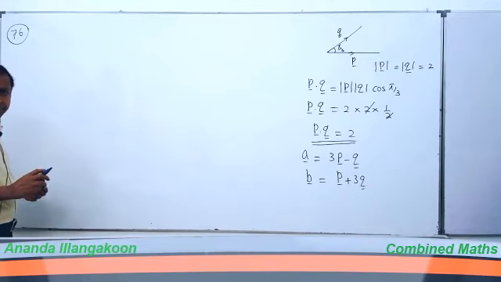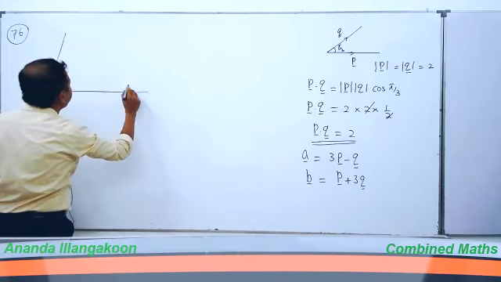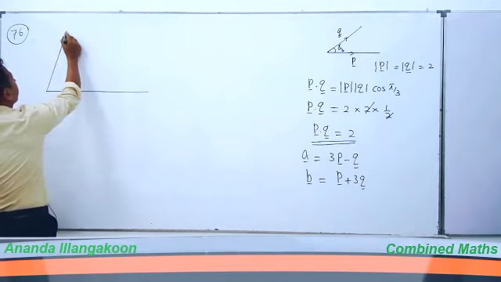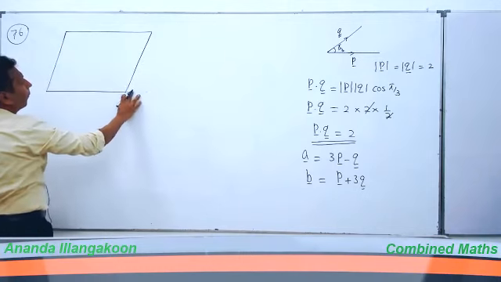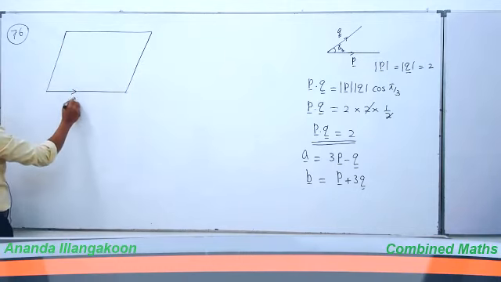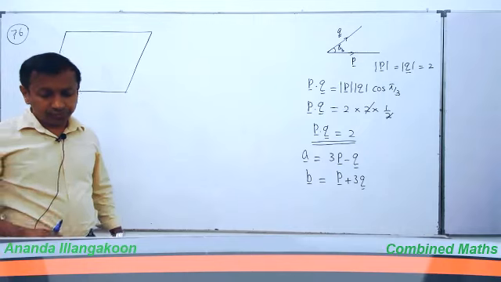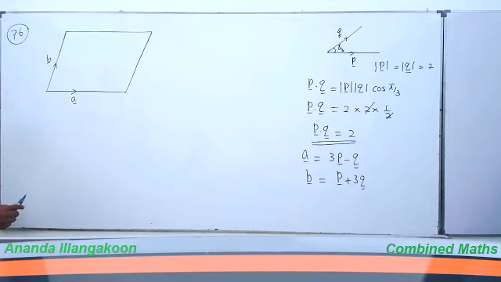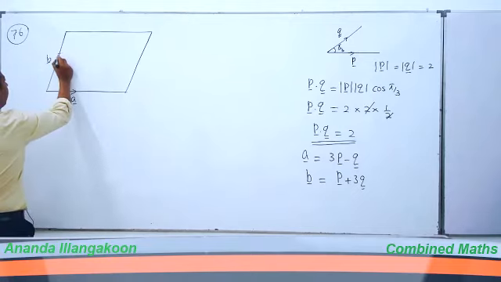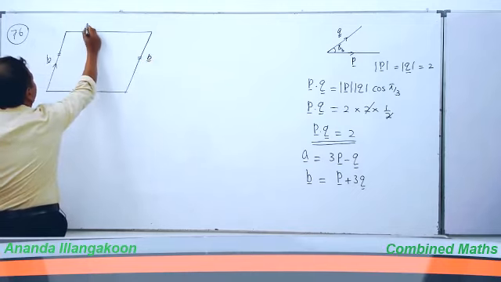They are the two adjacent sides of the parallelogram, like this. This is the vector A. This is the vector B. Right? Then when this is a parallelogram, this vector and this vector are equal. This vector and this vector are also equal.